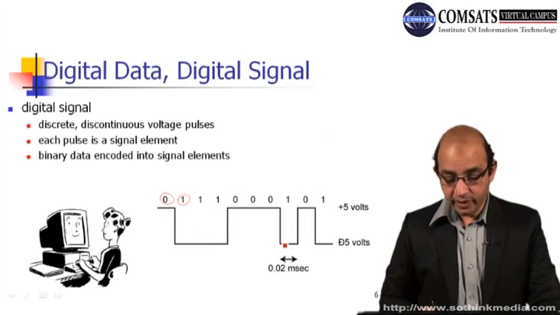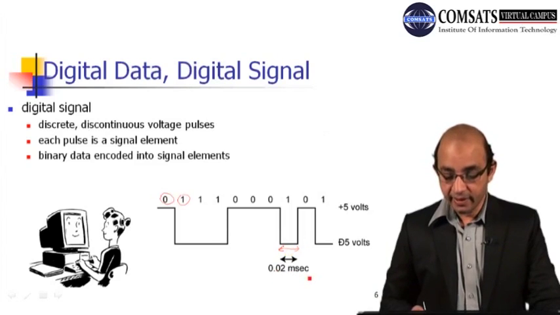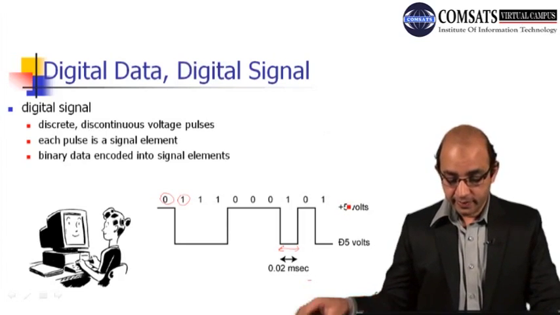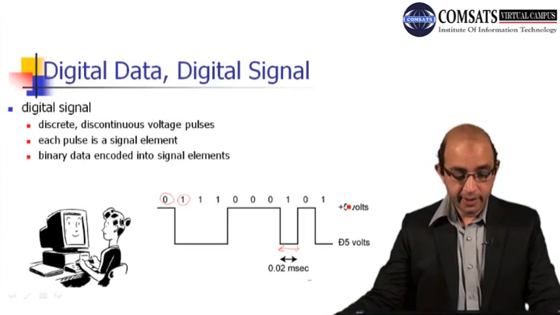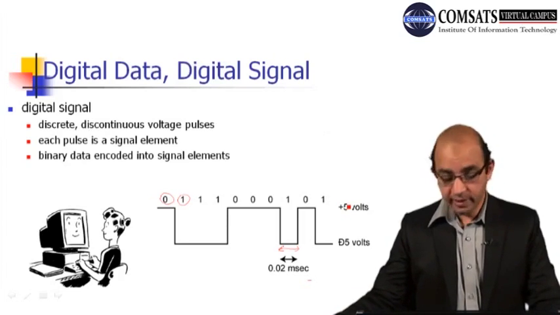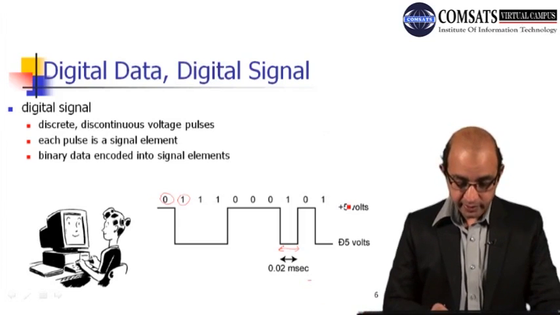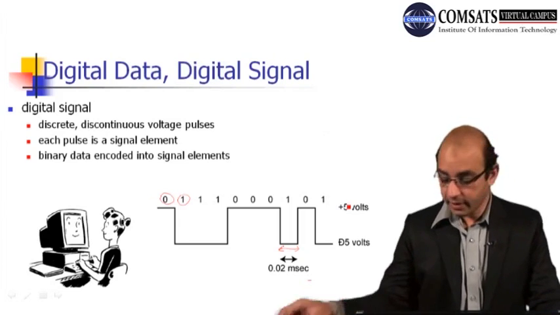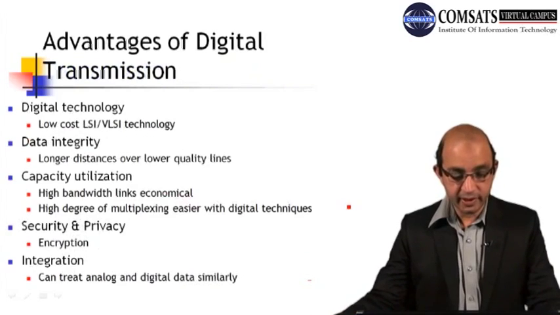The length of this pulse, this level, is 0.02 millisecond, and this is the voltage, 5 volt. Signal element: binary data is encoded into signal elements. So we are actually going to represent binary data by using digital signaling.